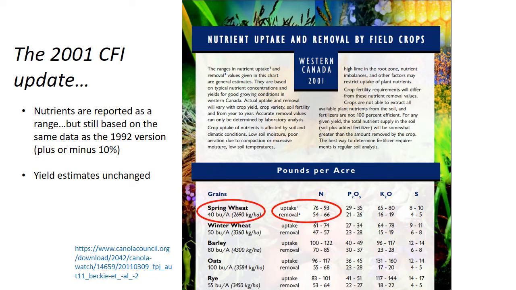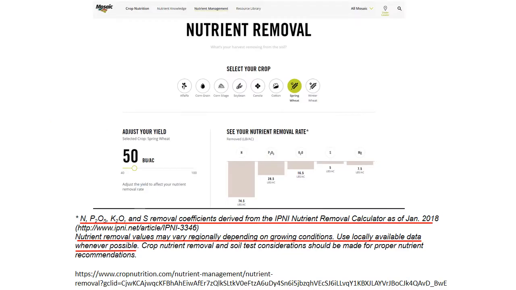But if you look at the data, this is the same data as that earlier document, based on the 1992 version plus or minus 10%, and the yield estimates remain unchanged.